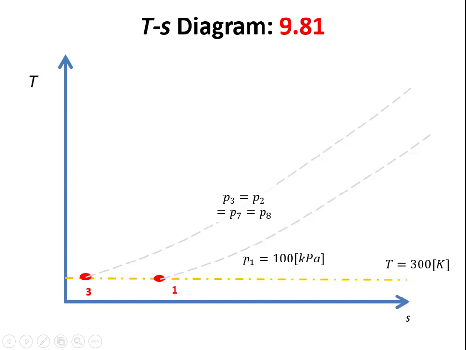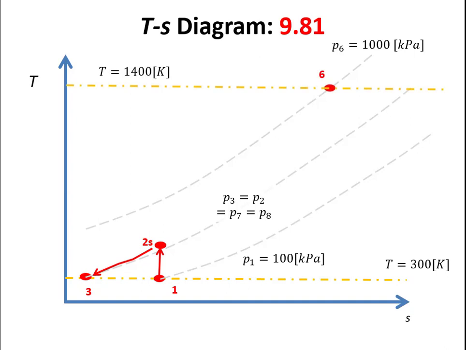And then I can connect state 1 to state 3 by first moving through an ideal compressor and then down to state 3. Now I know that I have my high pressure in my system, which is 1,000 kilopascals. And I know the maximum temperature in my system happens at state 6.